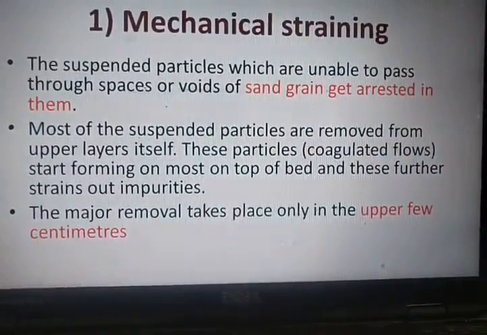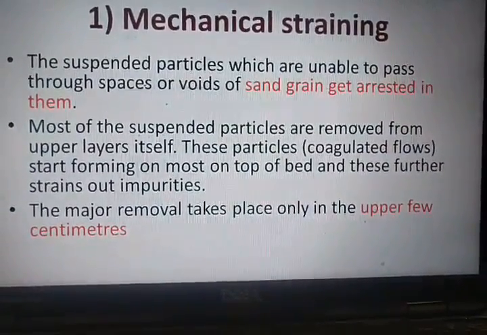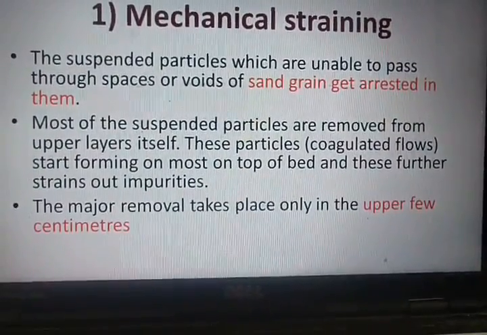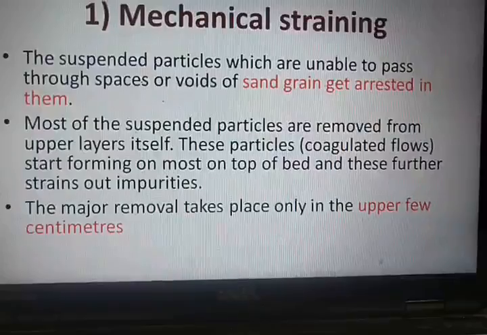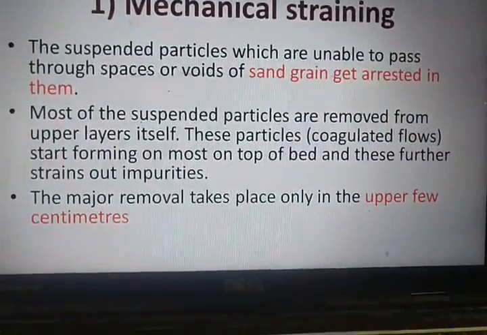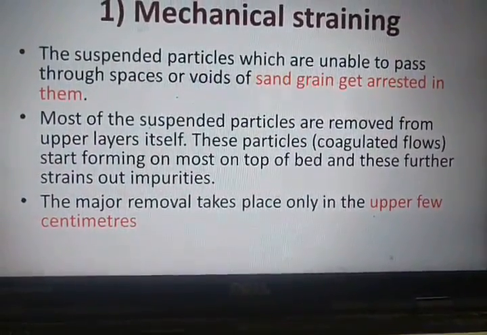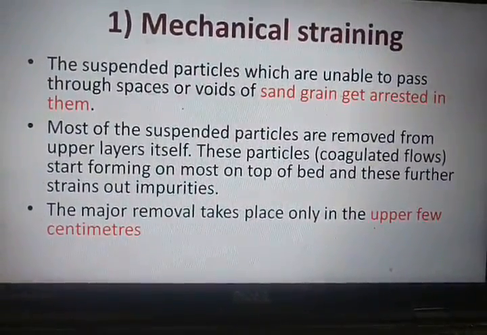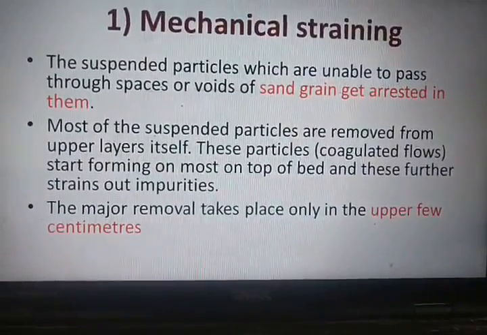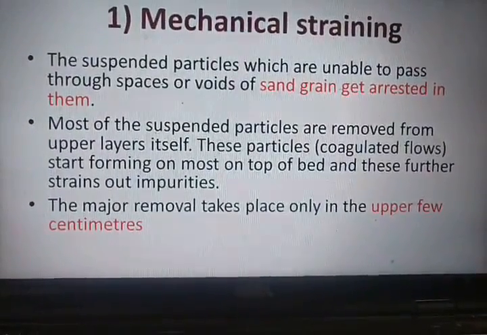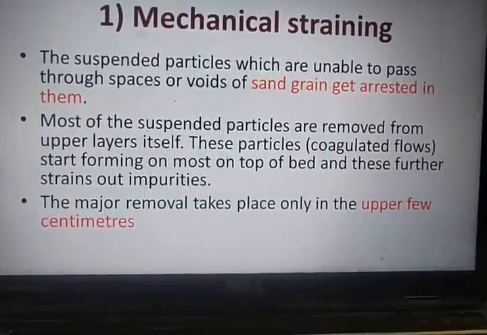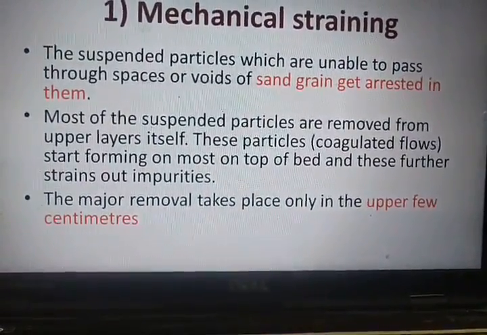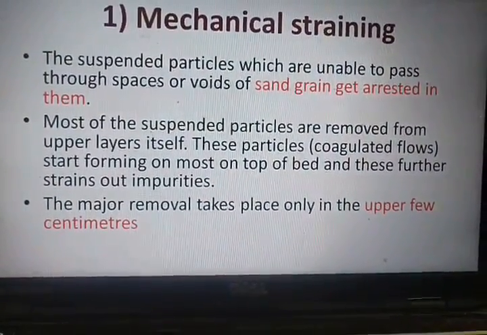Most of the suspended particles are removed from the upper layer of the sand itself. Since the sand has some gradation, most of the fine particles get entrapped in the upper few centimeters of the sand in a filter.